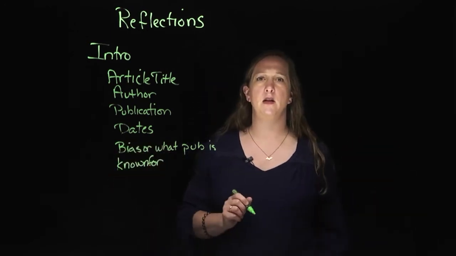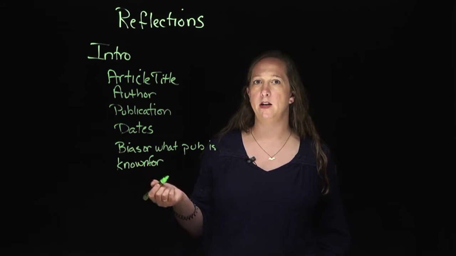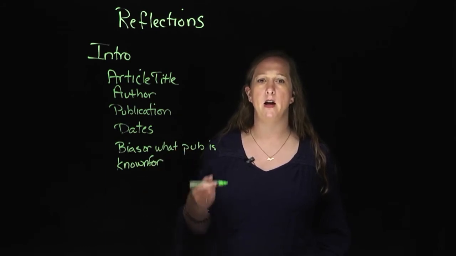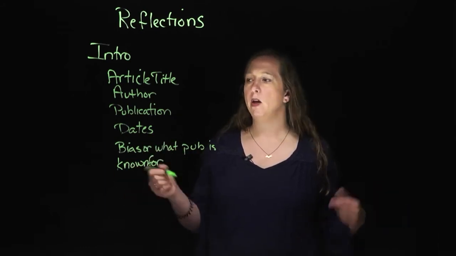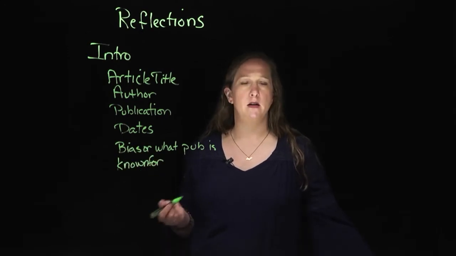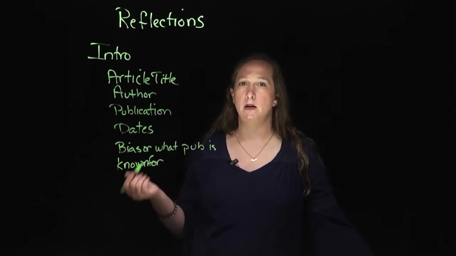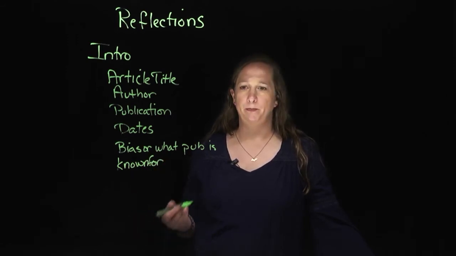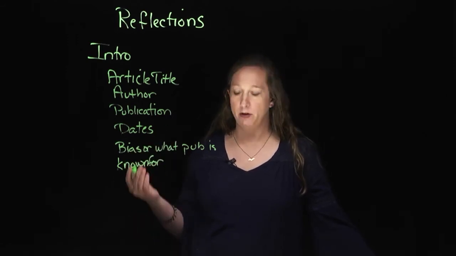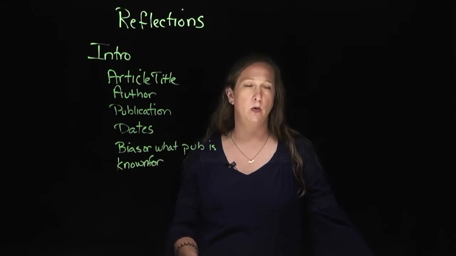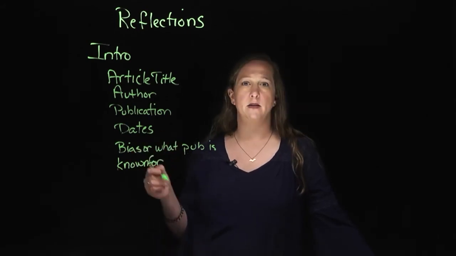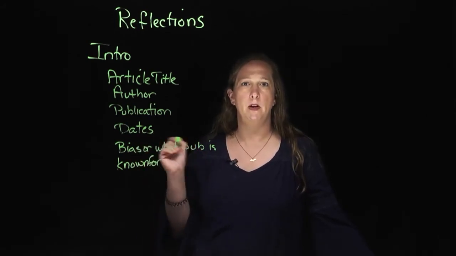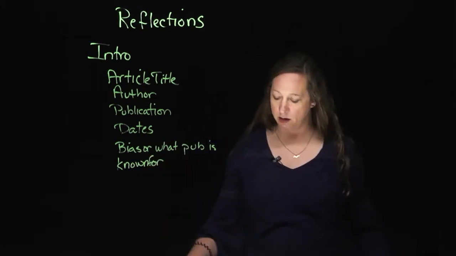And if there's anything particularly notable about the publication or the author, things that they write on, or if this is a common topic for them, tell me if there's a bias going on. You can look this up really easy in something like Media Bias Fact Check. But if there's a bias or what the publication is known for, those are quick things you can put in your introduction that let us know the important details or the context for this piece that you're reflecting about.